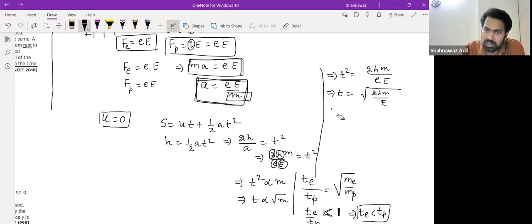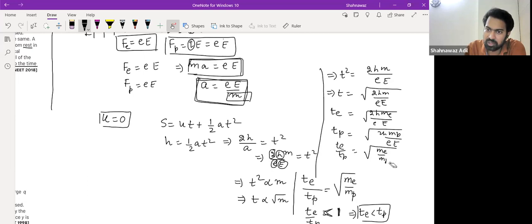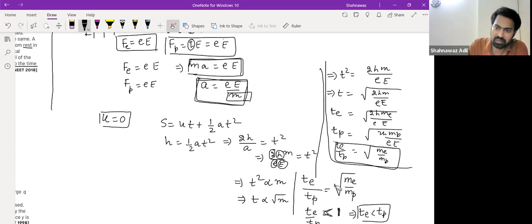So we can calculate TE, which is root of 2h me by eE, and TP, which is root of 2h mp by eE. We can calculate TE by TP, as all these will cancel, so we'll have me by mp. So we can use this method also. This is a longer one, but the proportionality method is shorter. Whatever method you want to use, you can choose that.